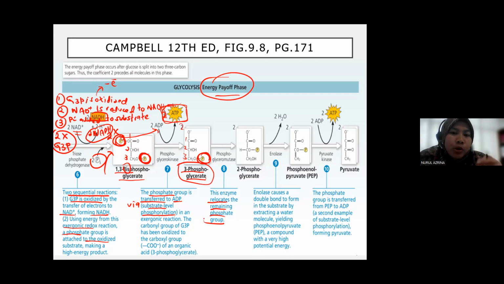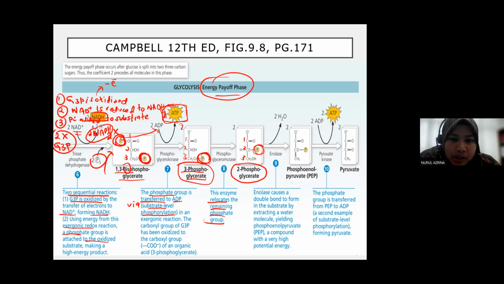Mengubah ataupun menukar kedudukan phosphate group kepada carbon number 2. 1, 2, 3. So now daripada 3-phosphoglycerate, our product is 2-phosphoglycerate. Maknanya apa? The phosphate is attached to carbon number 2 by relocation of the phosphate group by the enzyme.